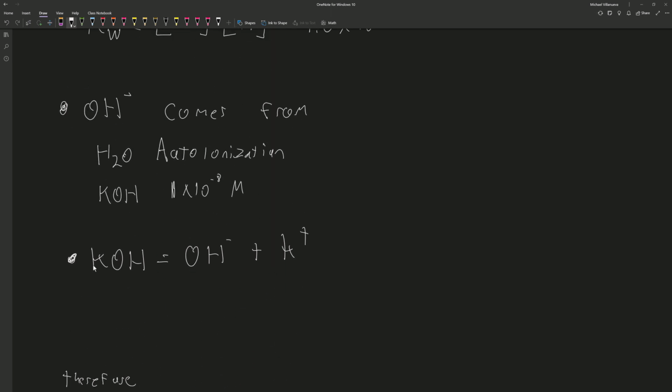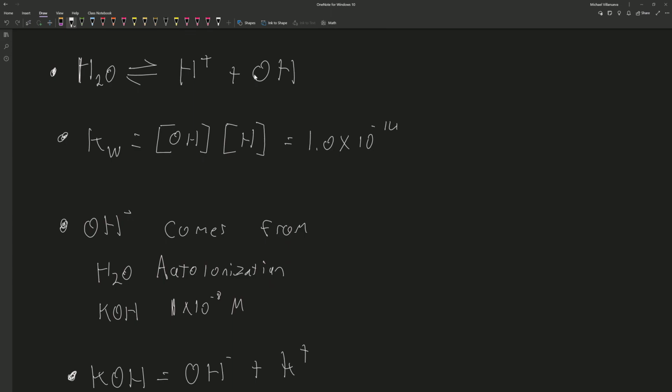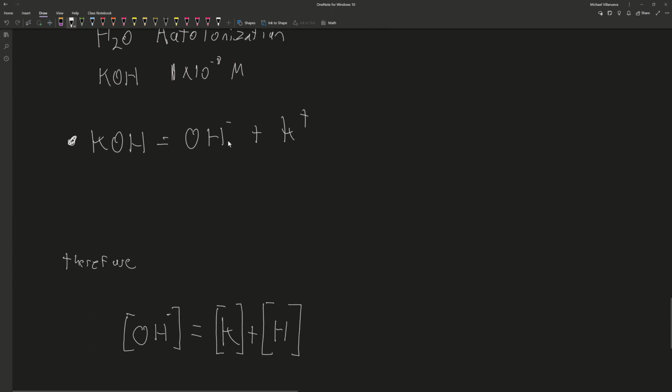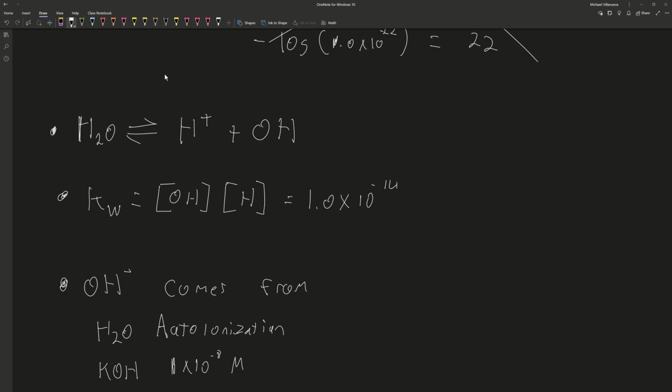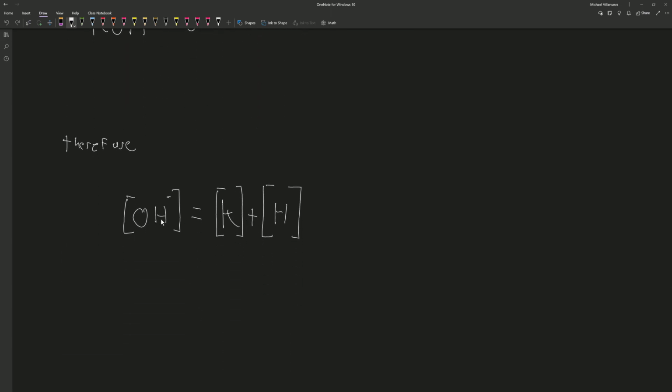So what's going on is we have this KOH yielding OH, and we have this H2O yielding OH. That means that all of the OH in the solution is coming from the K and from the H. So if we measure the H concentration and the K concentration and add them together, we have the OH concentration, because it's coming from the K that we put in from the KOH, and from the H from the H2O.